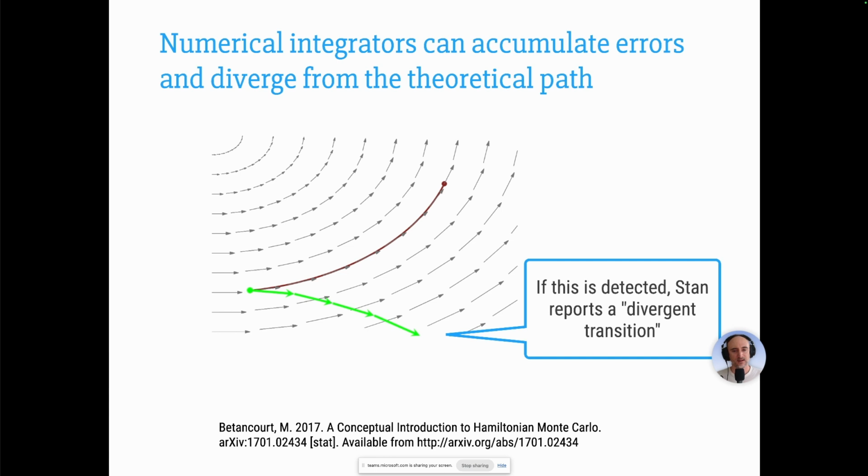There can be times when our numerically calculated path diverges from what we think is the true path, shown here in the green path. If that numerical path deviates from the true path based on various diagnostics within the algorithm, Stan reports a divergent transition.